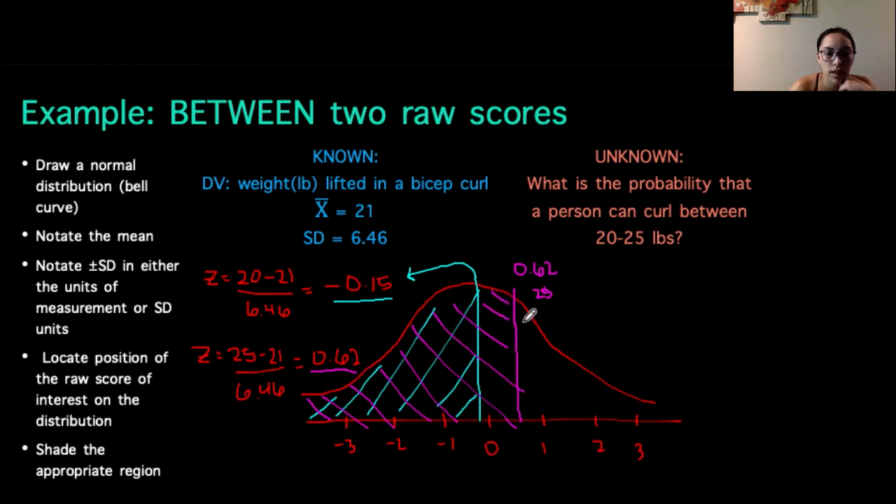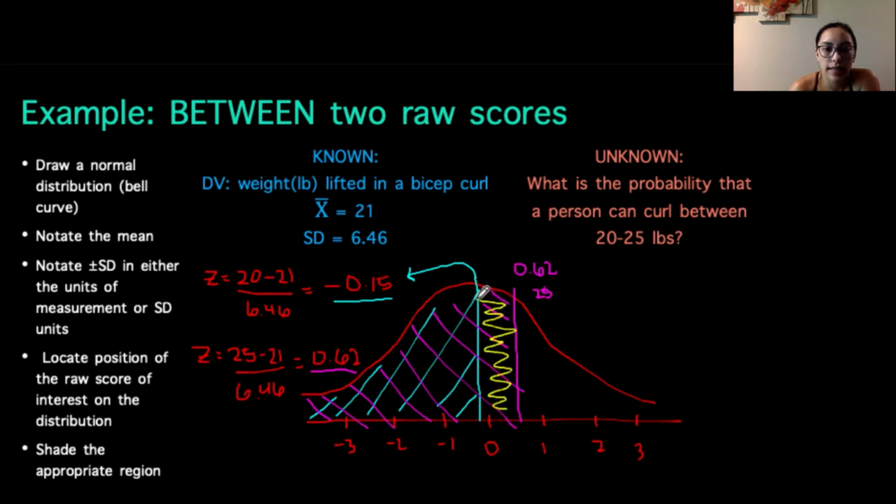Okay. Now, if we are interested in the probability that exists between 20 and 25, what we have to do is we take the probability of this purple region, which is from here all the way down, and we subtract the blue region, so that what we're left with is this piece here.